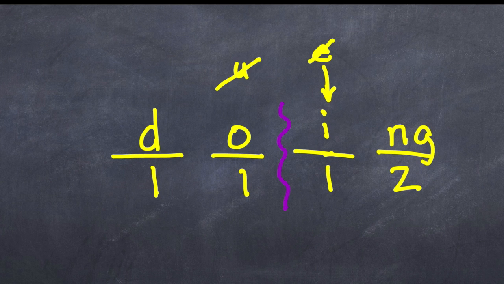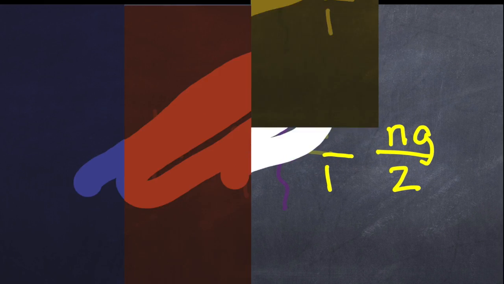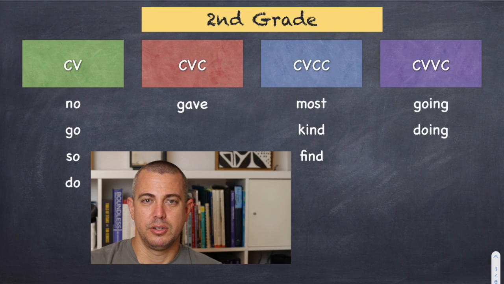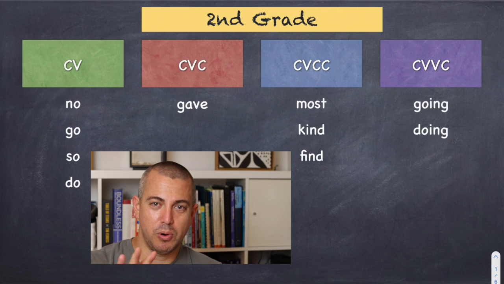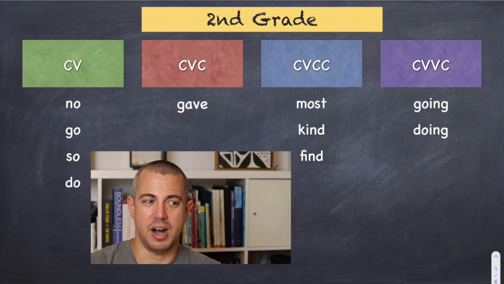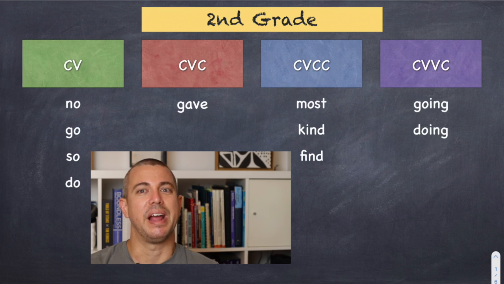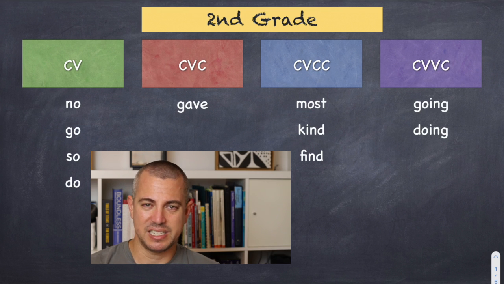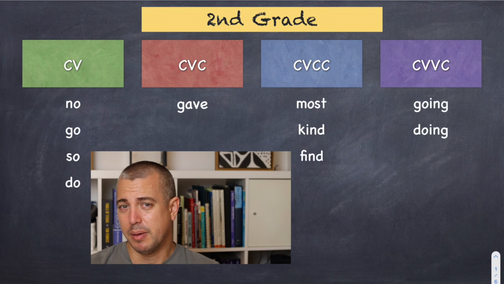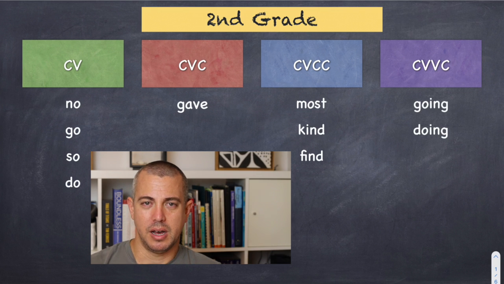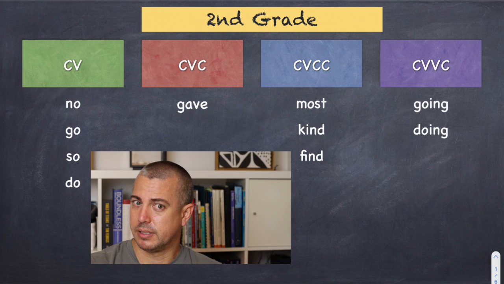All right. Those are our words for this week. Thank you very much. Let's review. To review, the 4 categories that we had were consonant vowels, right? In no, go, so, and do, with do being the one that is an irregular sound because O by itself does not typically make the oo sound. U can, the letter U, or OO does.